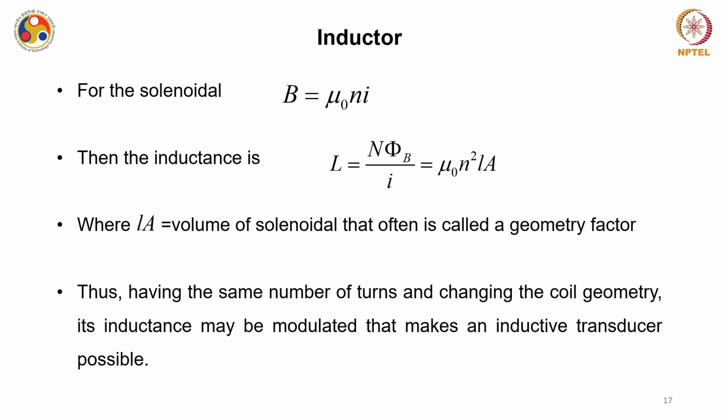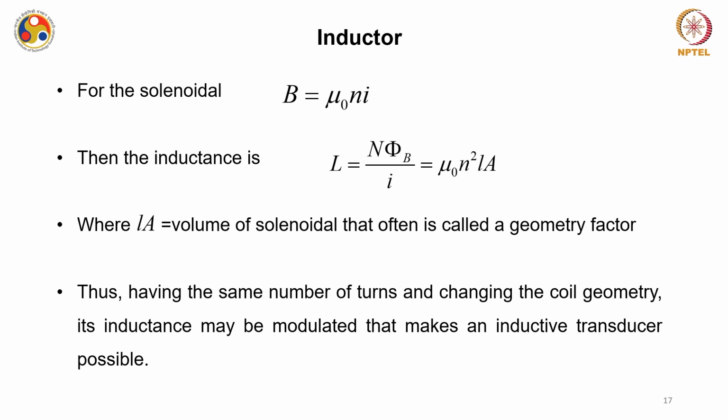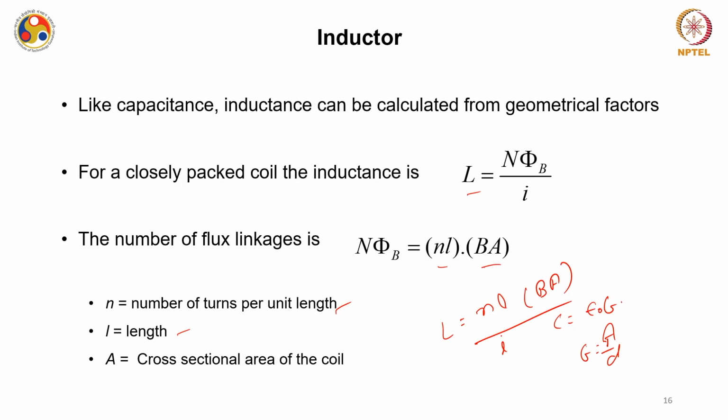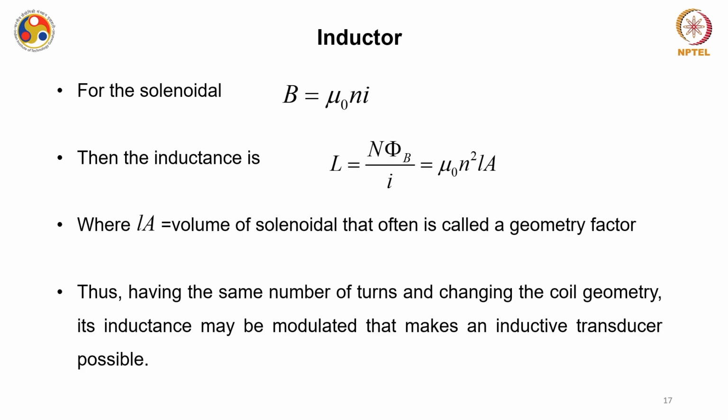So, say for a solenoid, if B is equal to mu naught n into I, the inductance can be written as N phi by I, or mu naught n square l into A. Please note that n is not the number of turns, it is the number of turns per unit length, okay. In this equation, this l into A is very important, and this is the volume of the solenoid, okay, and this l into A is known as the geometry factor, right.